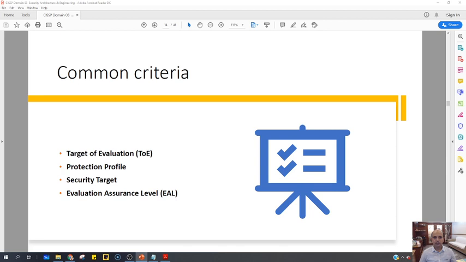Protection profile means the independent set of objectives and requirements for a specific category of product or system, such as encryption software or firewall. For them we will create a protection profile and we will test that particular product. The product here is the firewall or the encryption software, but for them we will create a protection profile.